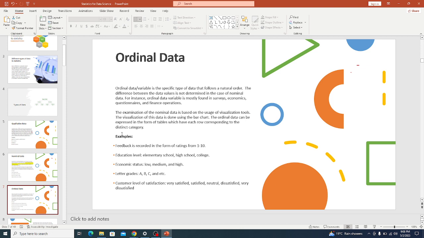For example, if we are getting ratings, it's between 1 and 5, meaning 1 you have performed poorly, the highest value meaning you are doing well in terms of performance. Also in terms of economic status, we have low, medium, and high.